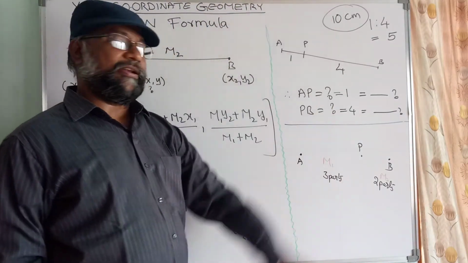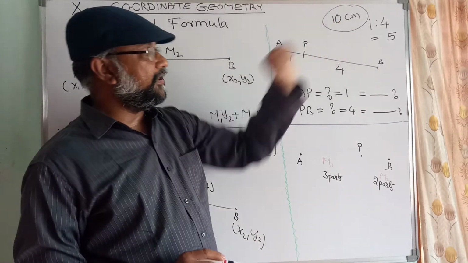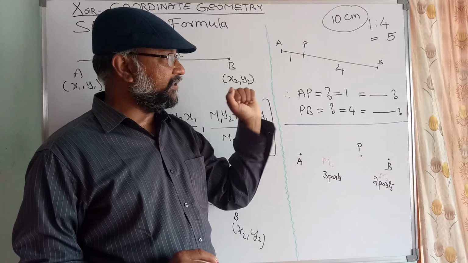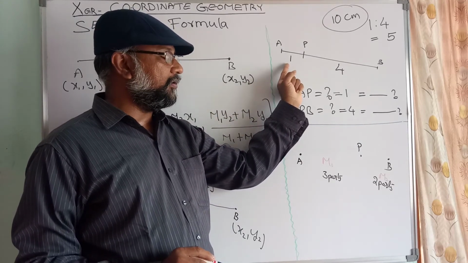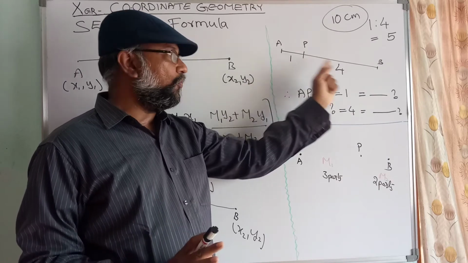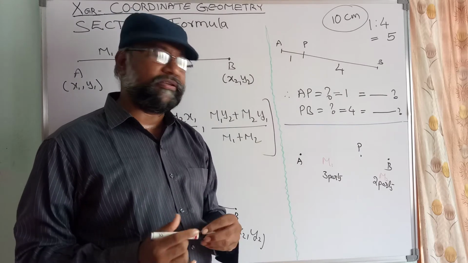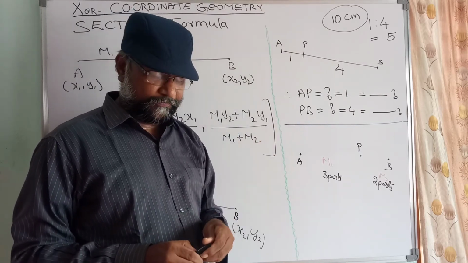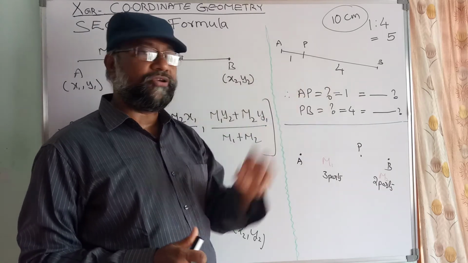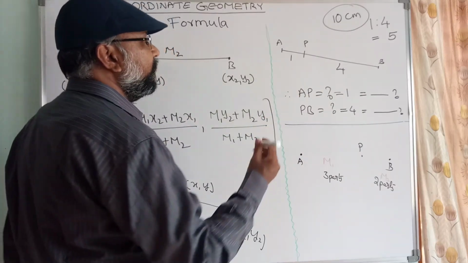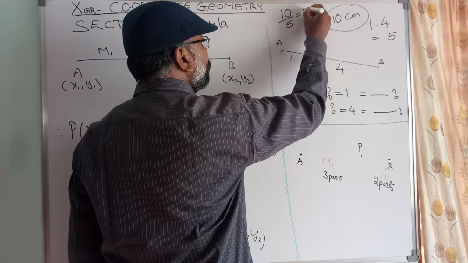The total is 10 centimeters, split in the ratio 1 to 4, that is 1 unit and 4 units. Total it must be 10 centimeters. So how can we calculate? The total number of ratio parts is 5. So we divide 10 by 5, which is 2.